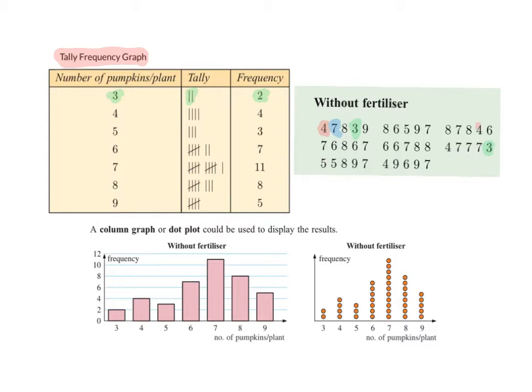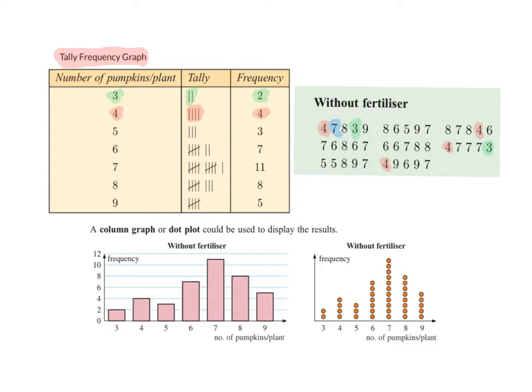I'm scanning through my data. There's 4 again. Keep scanning for a 3rd time and for a 4th time. Then I go over to my tally frequency graph and I would write, there's 4 pumpkins per plant. That happens 4 times. So I'm going to use 4 tick marks to represent that in my tally, and the frequency of that is 4. So there are 4 data values, or 4 plants that have 4 pumpkins each.